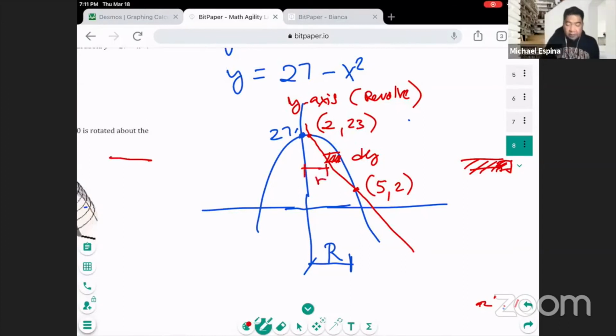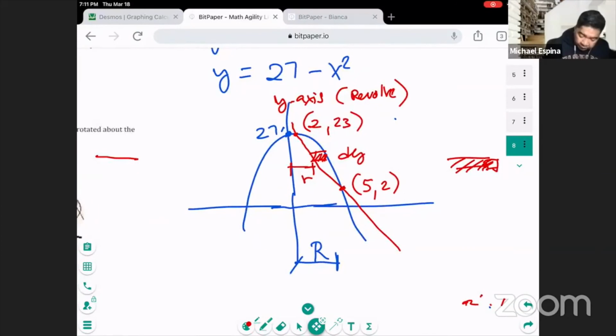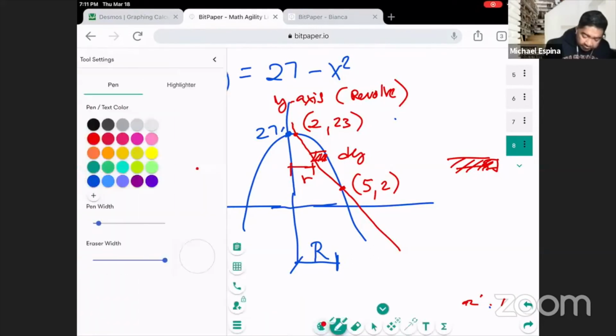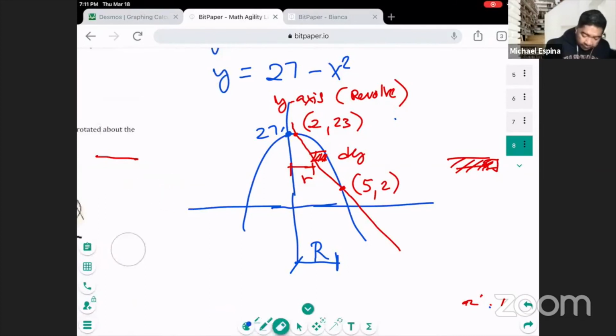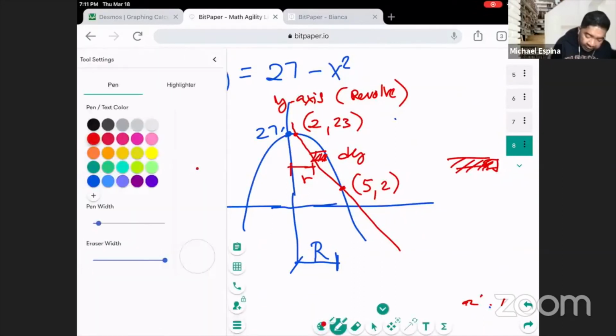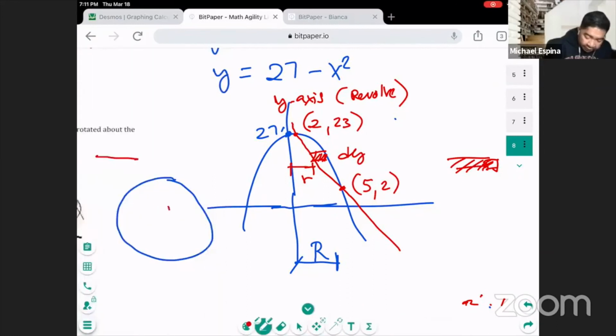If we take the top view of this curve, it would look like this. The parabola would have the blue ring, and the inner ring, which is the line, would have the red ring here.